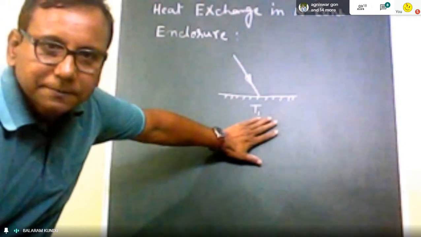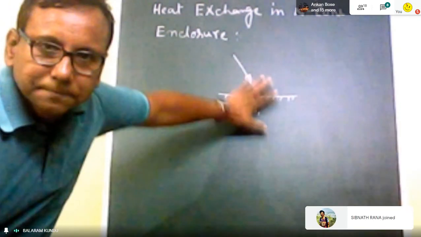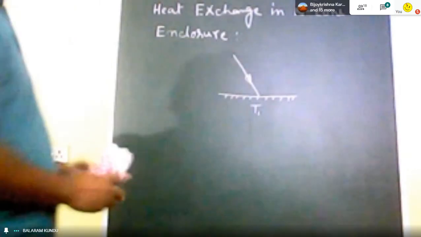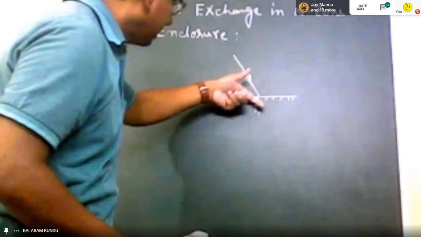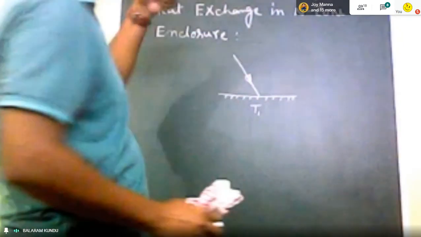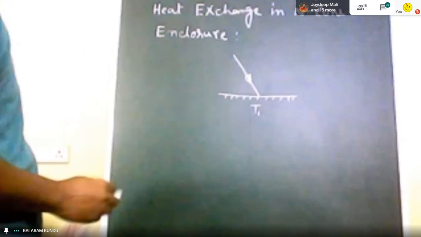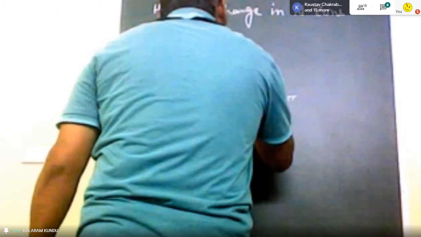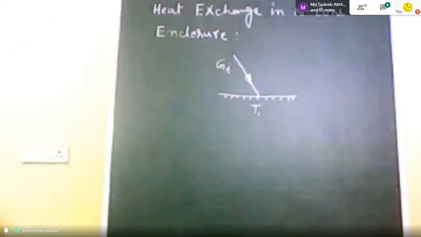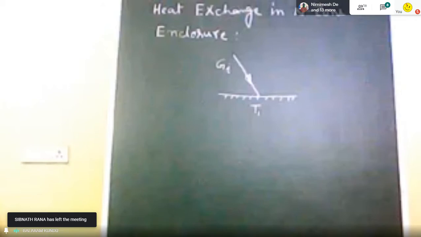Please listen carefully. G suffix i means the incident flux falling on surface i, or one. Suppose this is one surface.